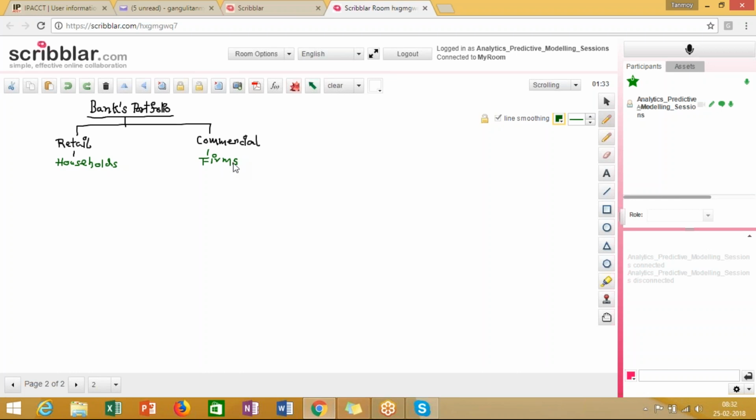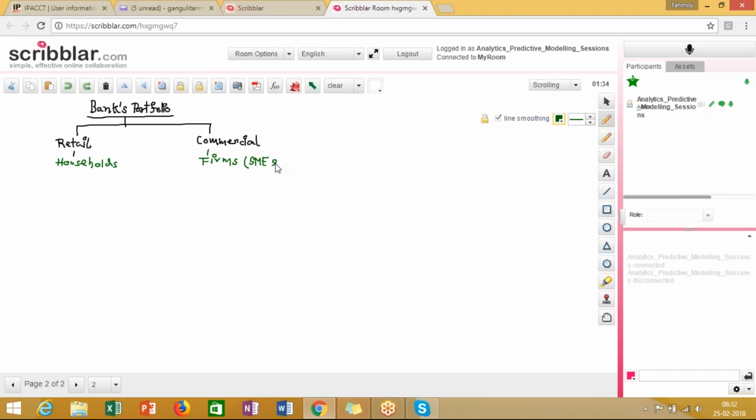The commercial portfolio is for firms, right? By firms I mean SMEs, small and medium scale enterprises, and corporates. Now obviously there are certain divisions that we need to understand.